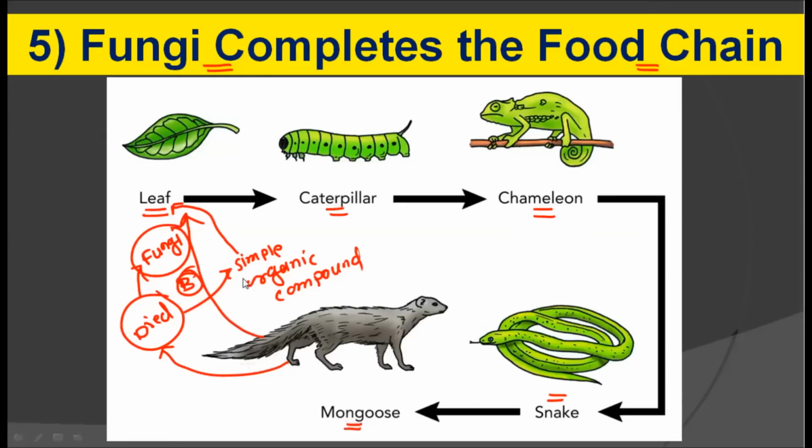But transferring these simple organic compounds from the mongoose to the soil is performed by the decomposers, that is the fungi and bacteria. So fungus plays a very important role in completing the food web, right? Without them, the food web would not have been completed. So this is a very important ecological function of fungi.